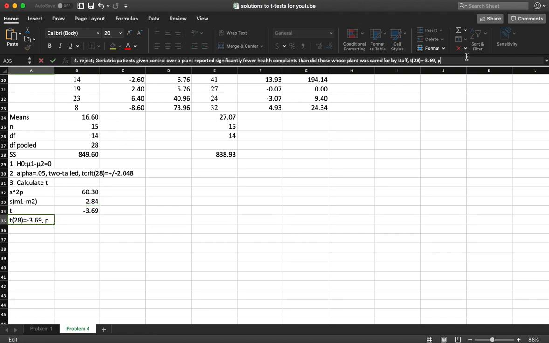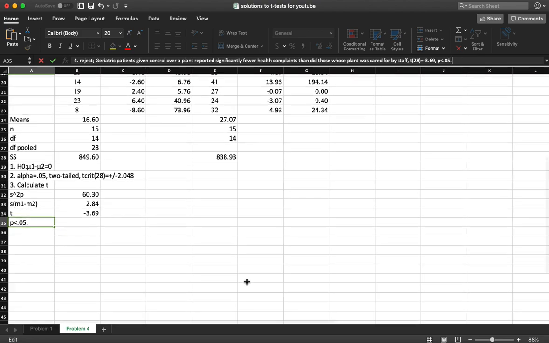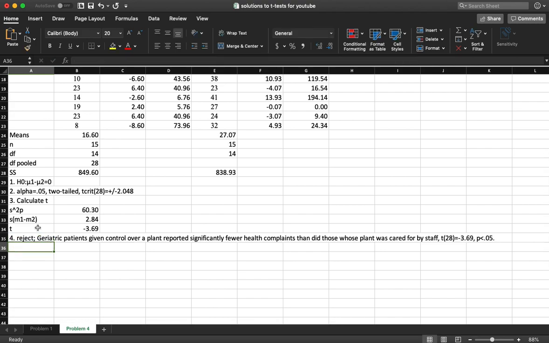So I'll say P is less than 0.05. And if that was confusing, know this. If you reject, like we did, P must be smaller than alpha. And vice versa. If P is smaller than alpha, then you reject.